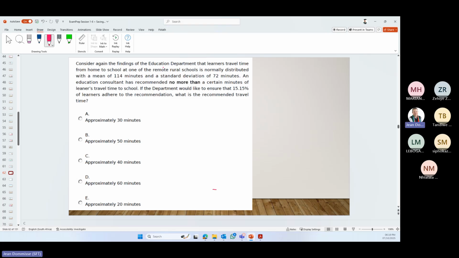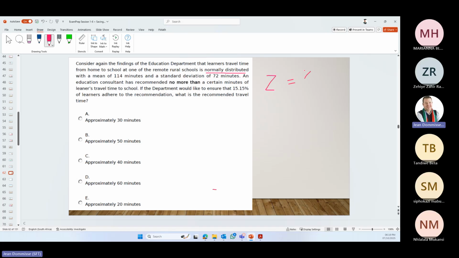Consider again the findings of a school. Normally distributed means we can work with this formula. With a mean of 114, great, so I can already put in 114 there, and a standard deviation of 72, so it was exactly the same as the previous.